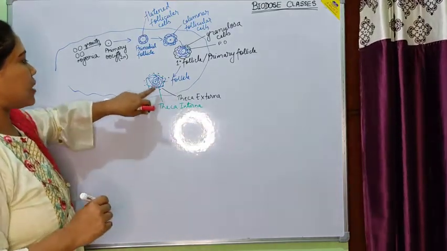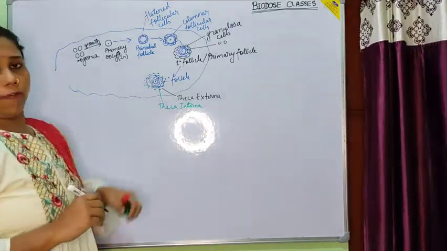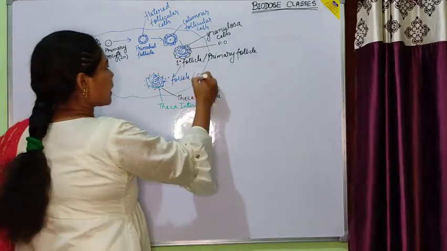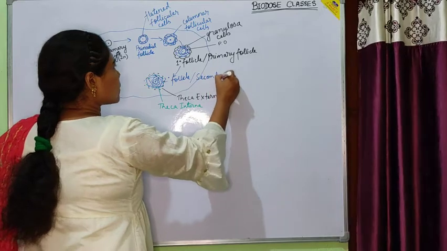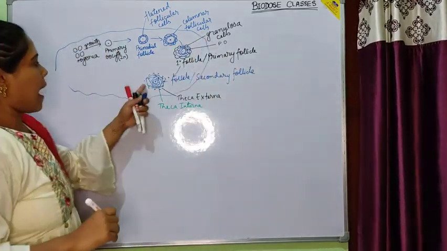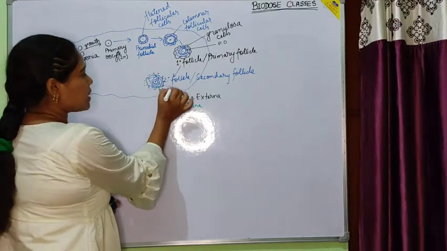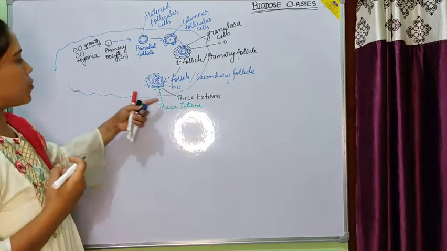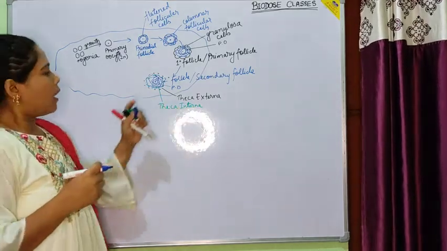So now what we have seen, this 2-degree follicle is also known as the secondary follicle. This secondary follicle has the primary oocyte inside it, and there are granulosa cells which would form 2 theca layers.